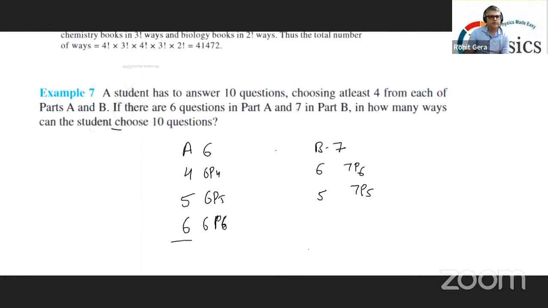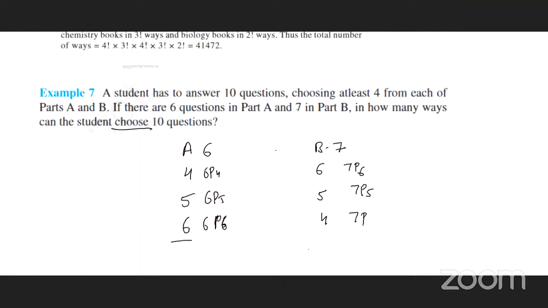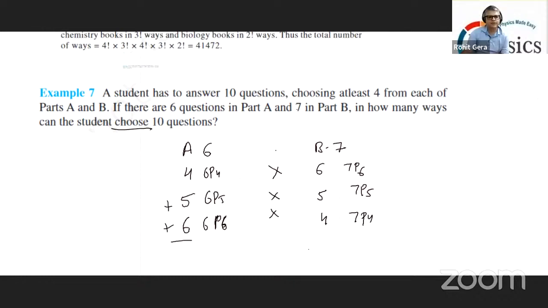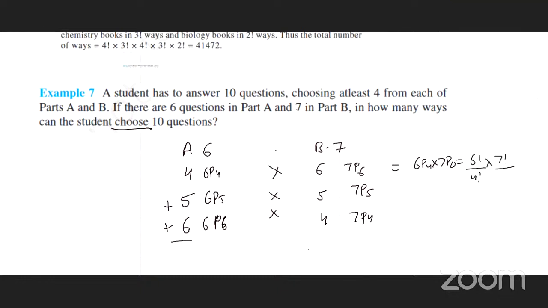Choose. This will be how much? 7p4. So this is 6p4 into 7p6 is equal to 6 factorial upon 4 factorial into 7 factorial upon 1 factorial.